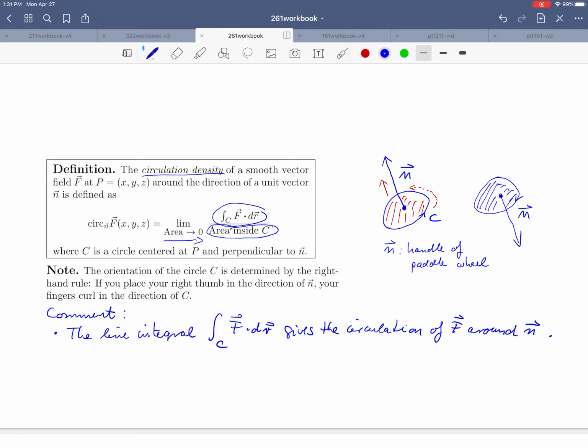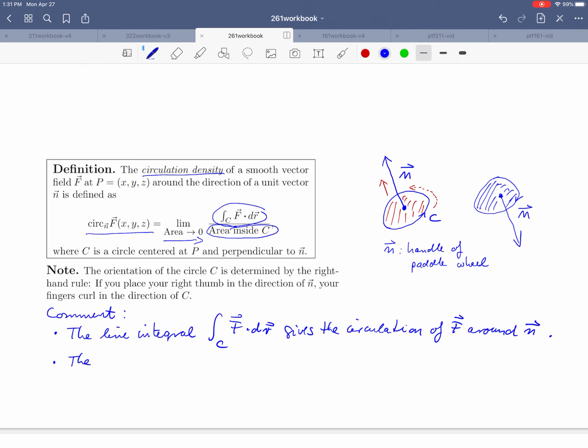And so our second comment then is that this quantity, the circulation density, which is denoted by circ sub n of our vector field f at a point xyz, this quantity measures the circulation per unit area around our normal vector n.